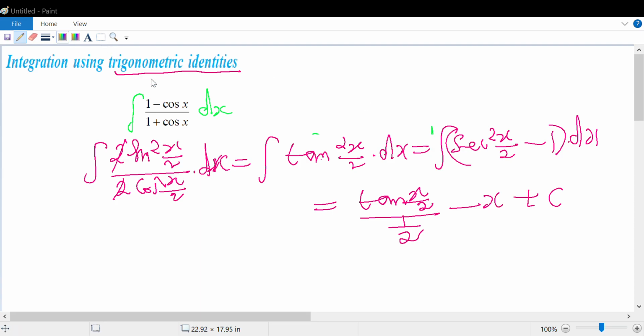Sometimes you have confusion about how you got this 1 by 2. It's quite natural. What is happening here is actually the substitution rule, but it's not compulsory to do it with substitution because it's a simple integral. Still, I'll give an explanation for this portion. Take x by 2 as t.